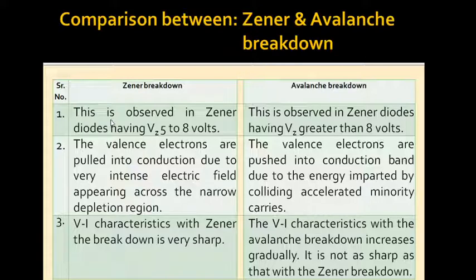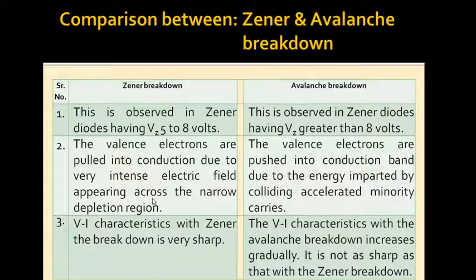Point number 1, in case of Zener breakdown, on average the Zener voltage, and therefore the breakdown, will be observed in the range of 5 to 8 volt. The range of 5 to 8 volt is given because the dopant will be different in each and every batch of Zener diodes.